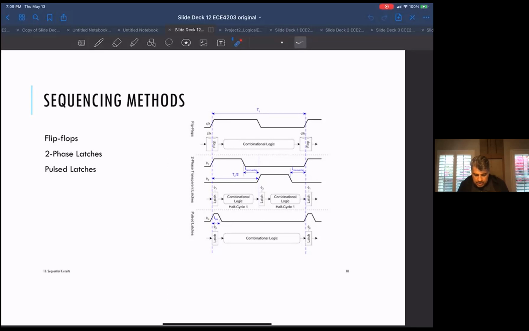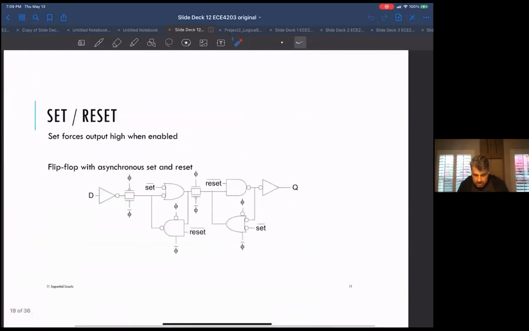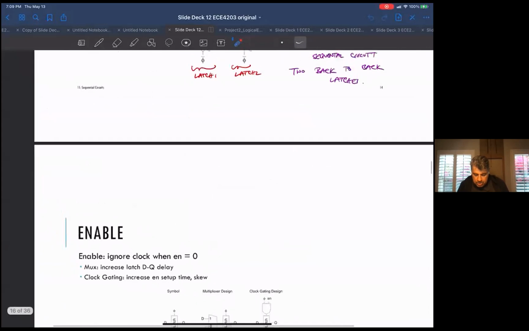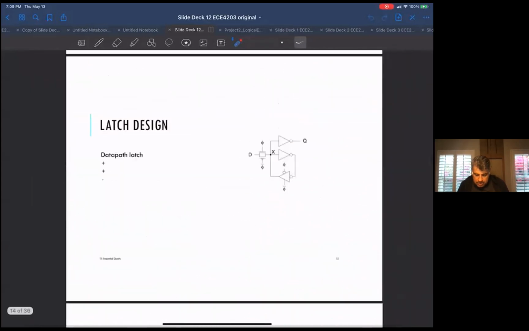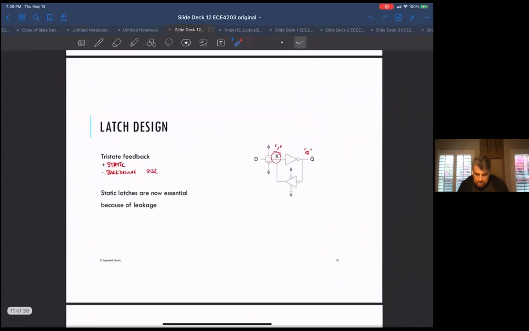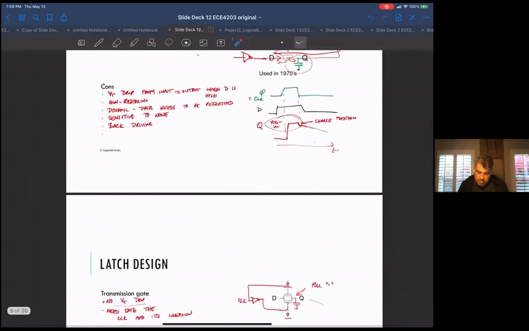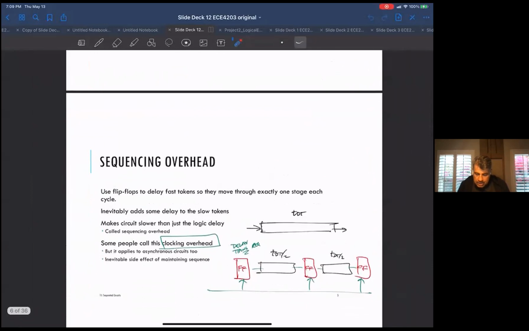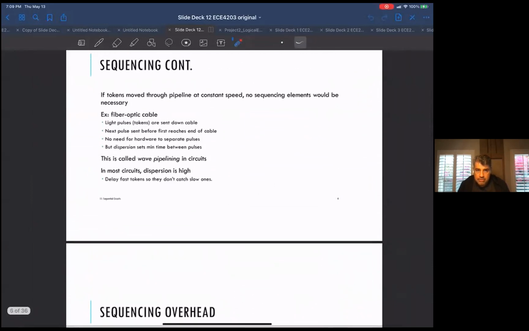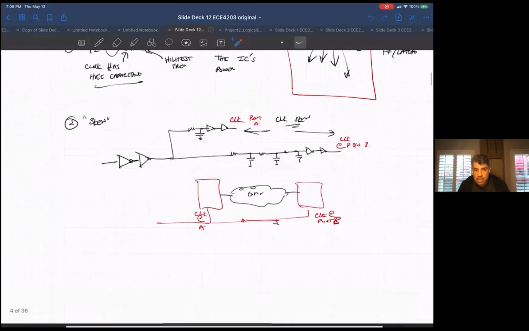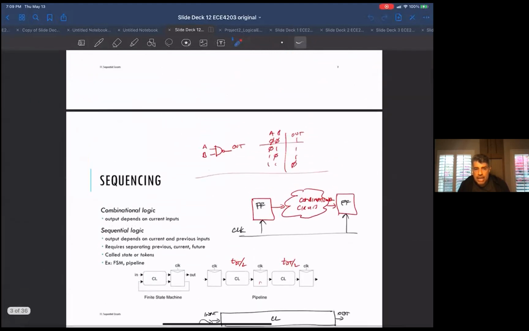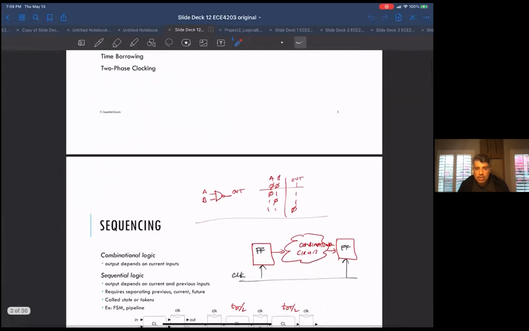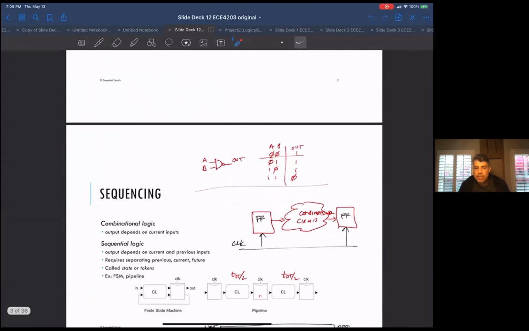I don't know if you had a chance to look at it, but it was going through the concept of sequential circuits as opposed to combinational circuits. I won't go through all of it, but the main thing is, these logic elements, like the NAND gates and NOR gates that we've been talking about so far, are combinational circuits.